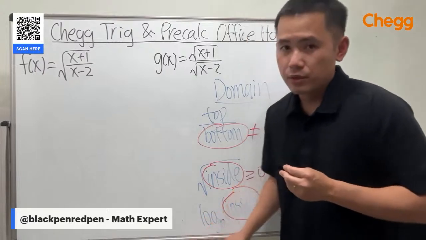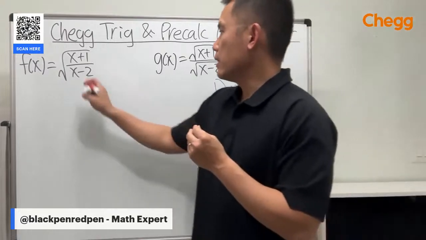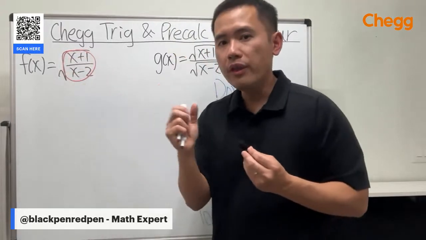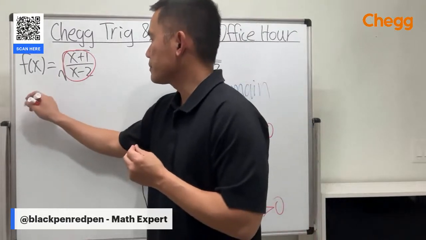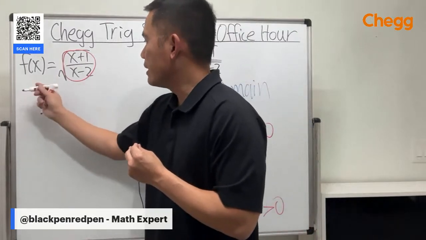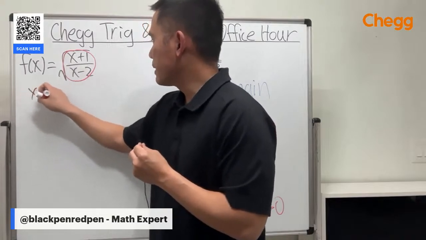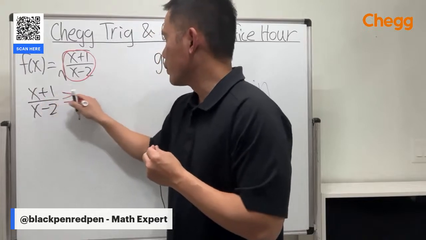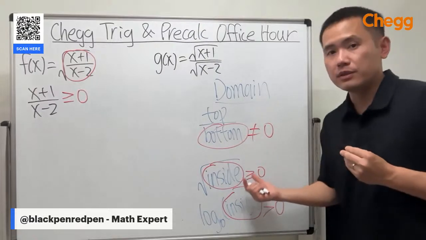If you don't have these 3 cases, the domain is usually just all real numbers. So for this one, the key is the whole thing is inside of the square root. So I will have to say the inside here, we need x plus 1 over x minus 2 to be greater than or equal to 0 because it's inside of the square root.